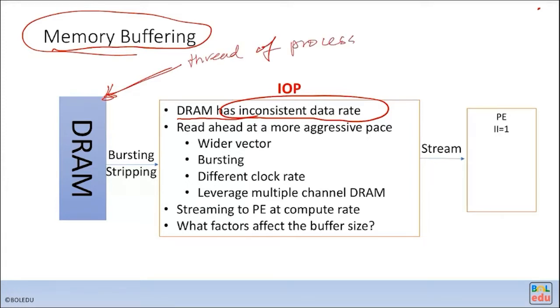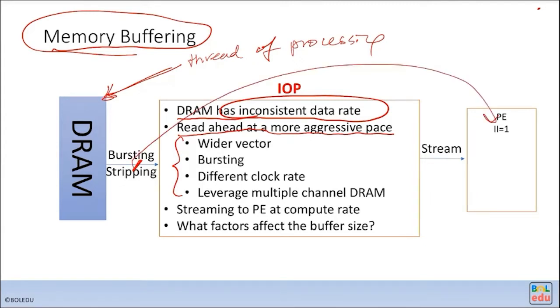Yeah. So there's no guarantee of a constant data rate for this processing engine. So you do need buffers. Okay, and with these buffers you can read ahead at a more aggressive pace. So that means in here you can apply many techniques which are decoupled from the processing engine.